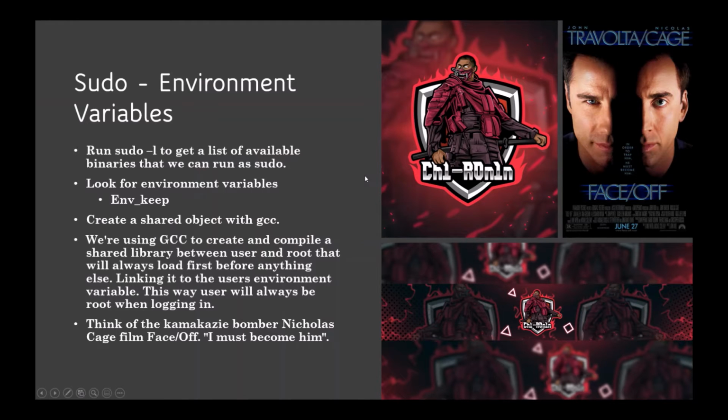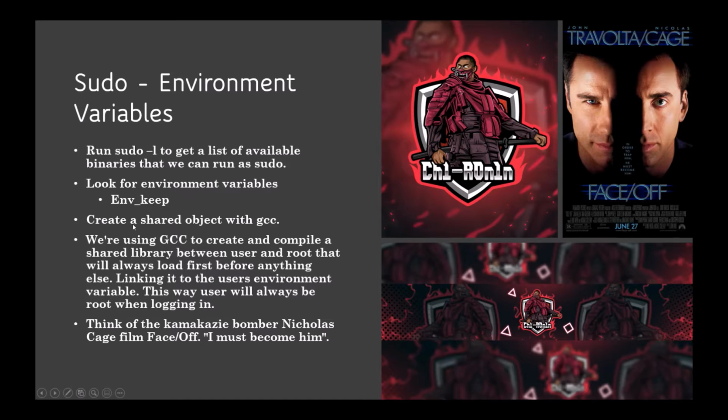Now, environment variables. These are a little bit interesting. Again, we'll need an actual user account in order to get this set up, because we will need to actually take advantage of a user's environment variables. We're going to look for things such as env_keep so that we can actually make changes to it.